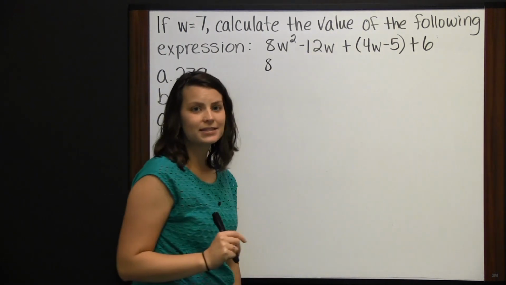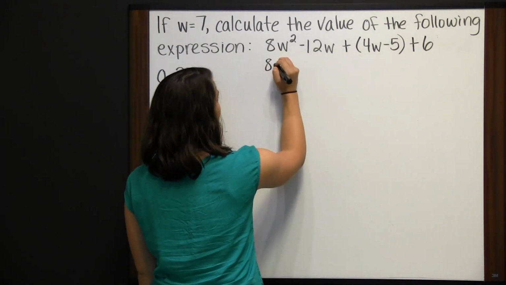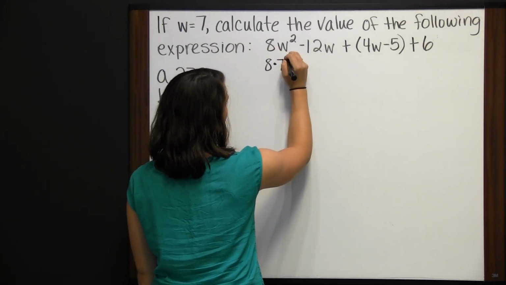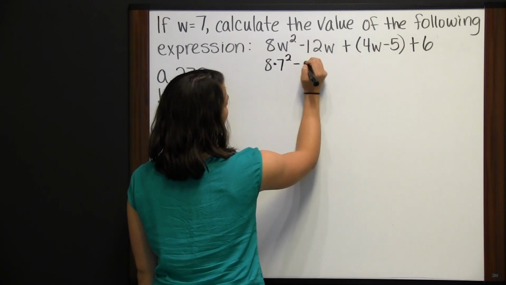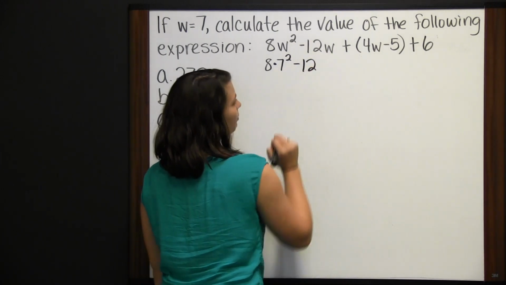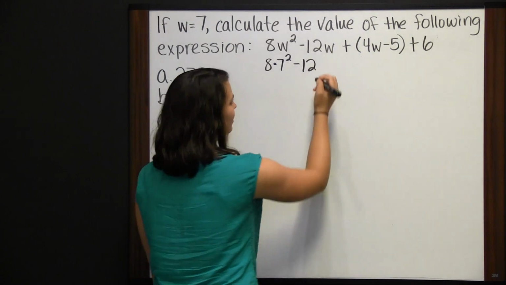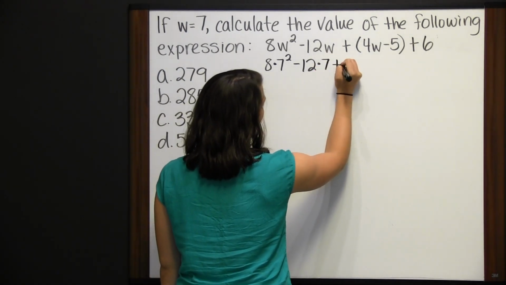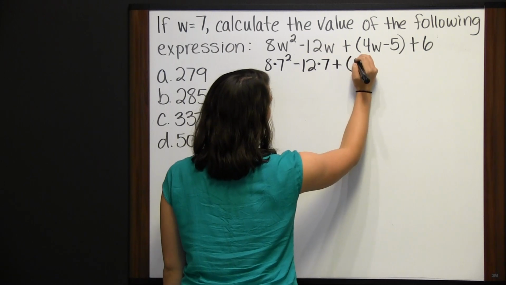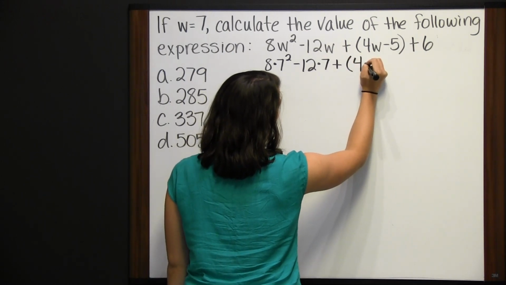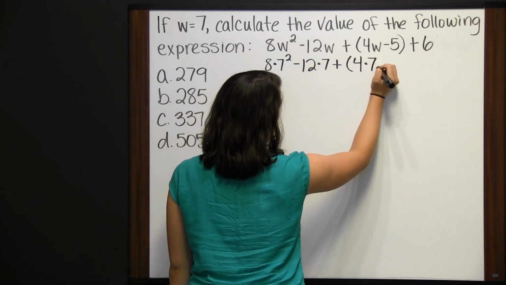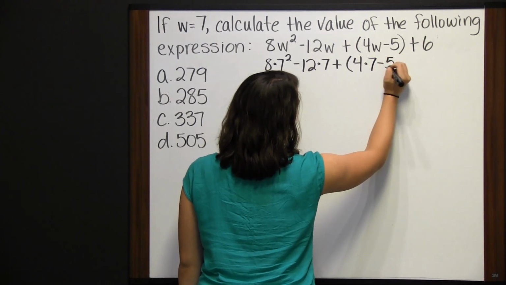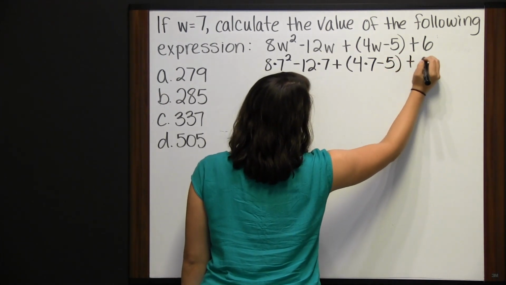We're going to replace W with 7, so it's 8 times 7 squared minus 12. Again, replace W with 7, so times 7 plus, bring down the parentheses, 4 times W, or times 7, minus 5 plus 6.